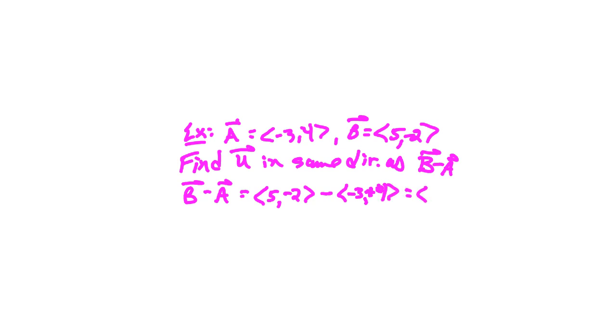And so this is going to equal, 5 minus -3 is 8, and -2 minus 4 is -6. Okay, so if I rewrite B vector minus A vector in ij notation, it's going to be 8i minus 6j. And then of course, what can I do to find the unit vector in the same direction?